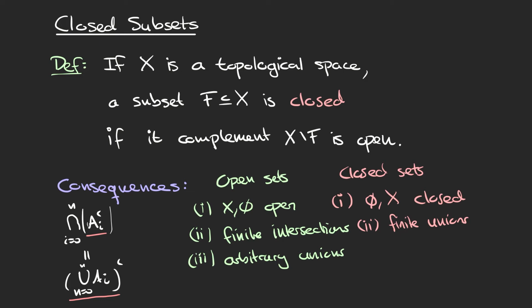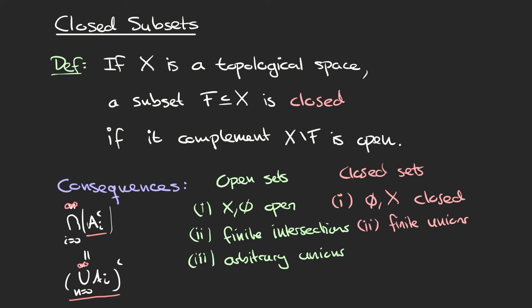Observe that this argument wouldn't have worked if we'd taken an arbitrary collection of A_i's, because then by the De Morgan laws, instead of this finite union, we would have gotten an infinite union, and in that case, we can't conclude that the infinite intersection over the A_i complements would again be open.